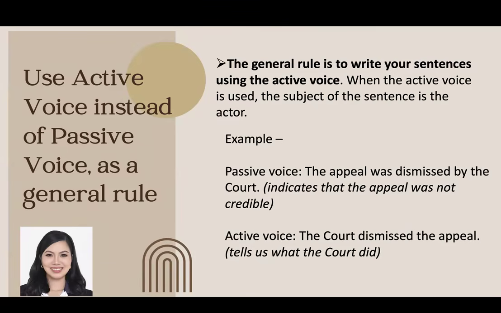Okay, so this sentence indicates that the appeal was not credible because the focus of this sentence is the word appeal, right? However, when you convert or transform it into active voice, now: "The court dismissed the appeal." So it tells us what the court did. You are now focusing on the action of the court. The court dismissed the appeal. So it is encouraged to use active voice instead of passive voice.